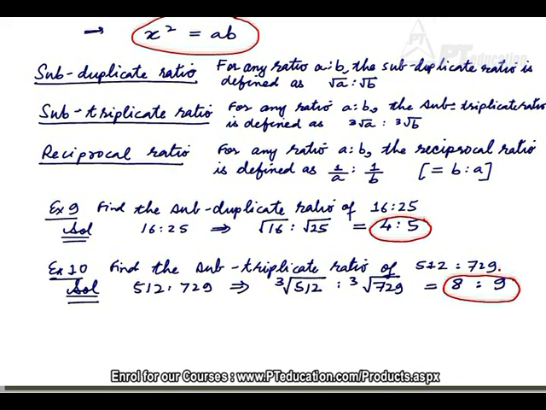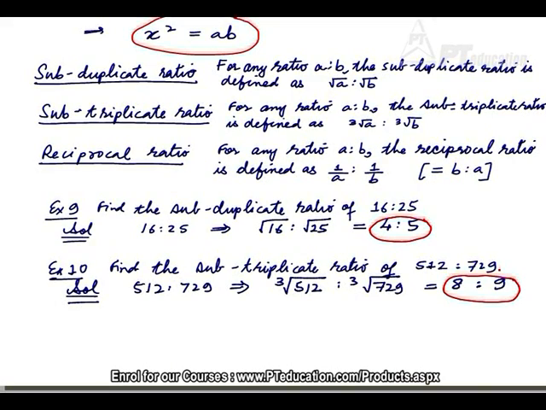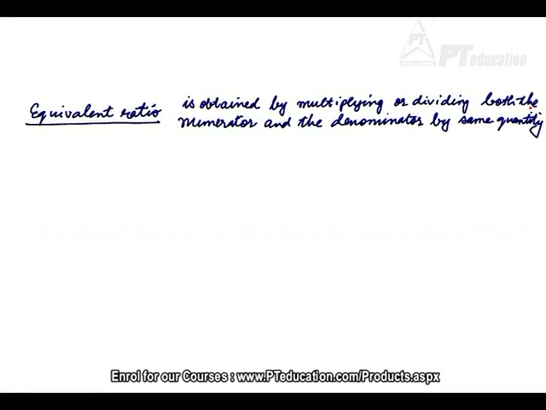As we know, cube root of 512 will be 8 because 8 into 8 into 8 is 512, and cube root of 729 will be 9 because 9 into 9 into 9 is 729. Thus, examples 9 and 10 have been explained. Let's move on.